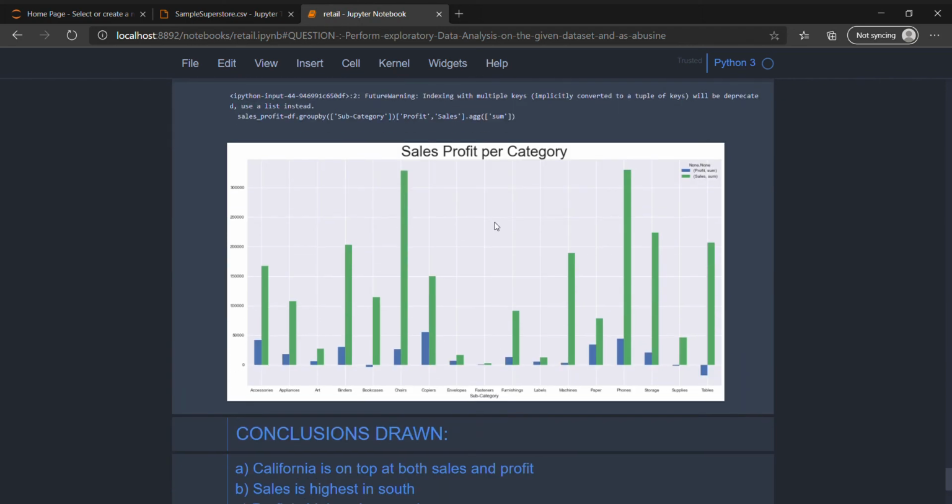So looking into sales and profit per category, you can see that the sales are very good in a few of the categories like chairs, phones, etc. But the number of sales it is making and the profit are not in accordance. It is a huge difference.